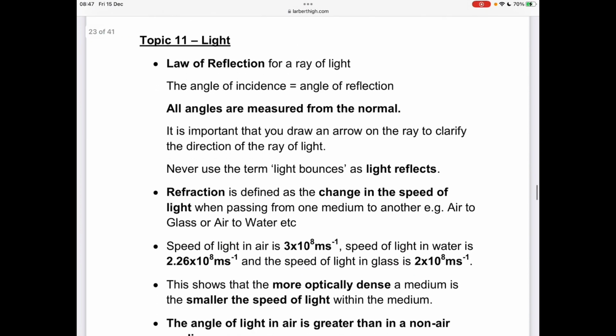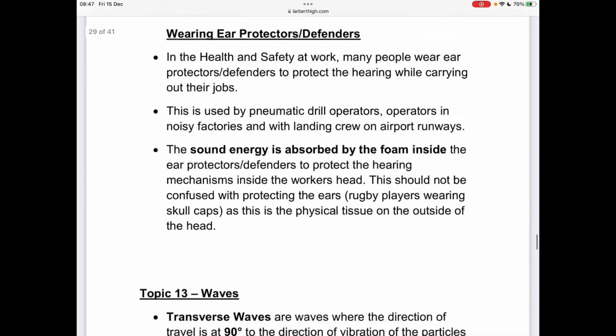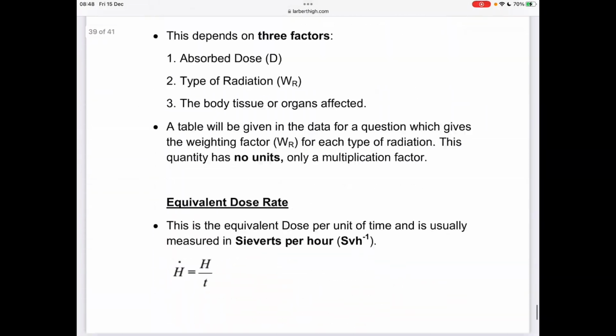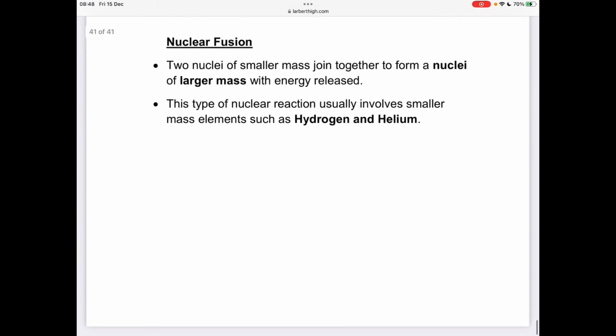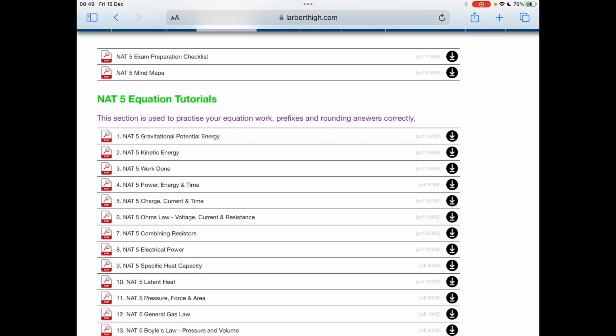And then to finish off, waves and radiation, which starts in light and goes all the way down to nuclear physics. So that is quite a few pages, 41 pages, but it's a key checklist for everything within the entire course.